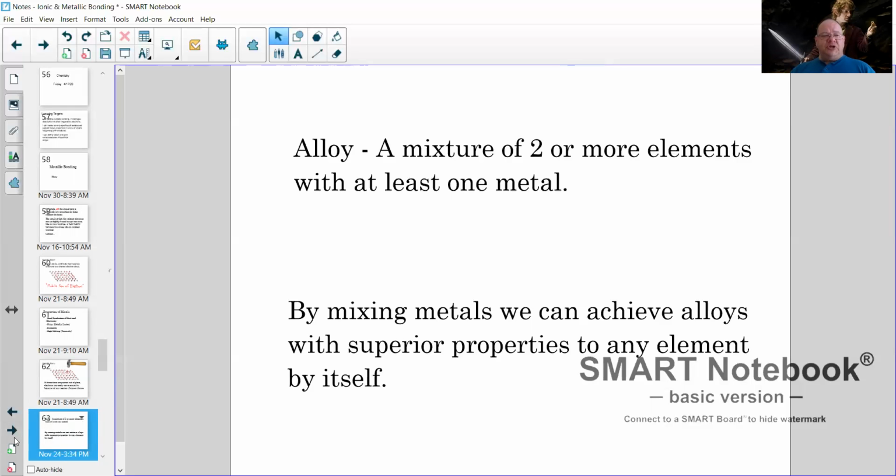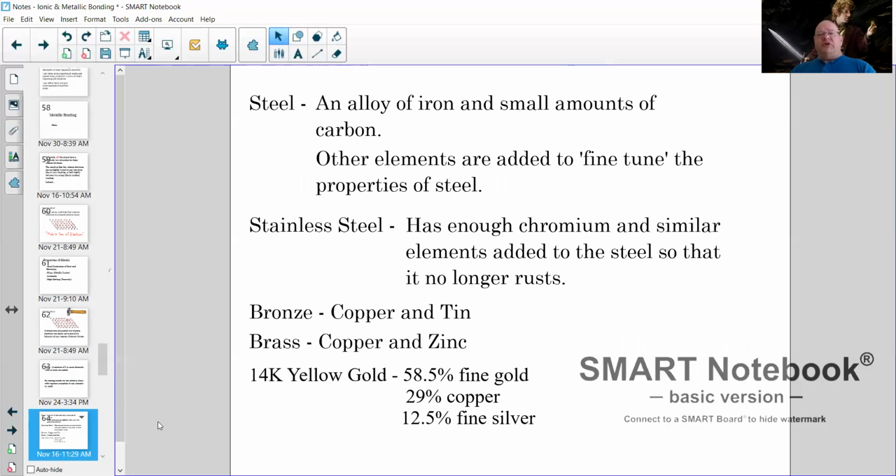So I have some examples here of some common alloys that you've probably experienced. So certainly steel. Steel is iron with a little bit of carbon. And then we often add little bits of other elements to the steel to fine tune the properties.